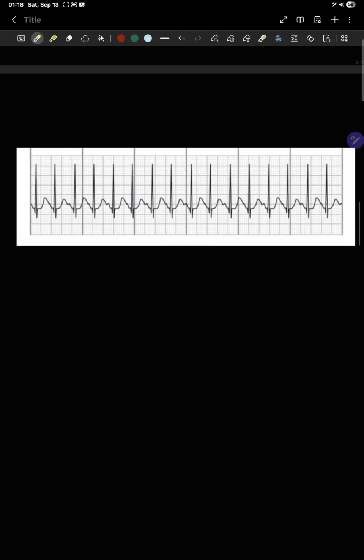All right, so now let's look at SVT, which is supraventricular tachycardia. Nope, not that.